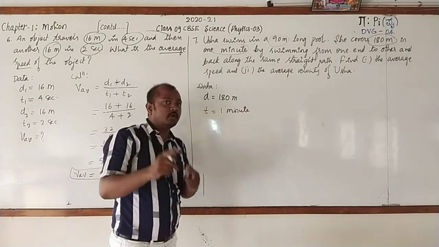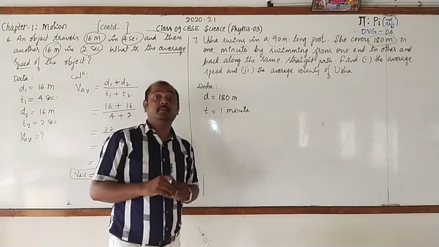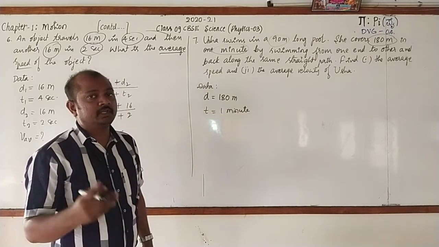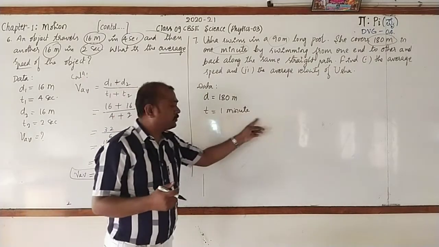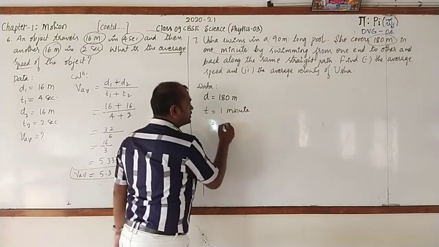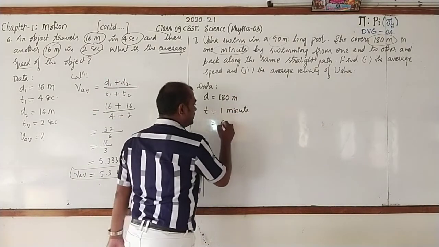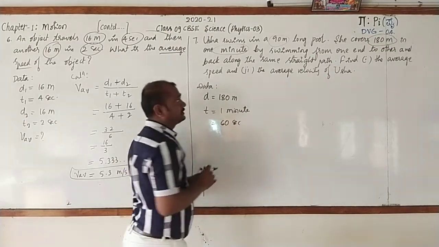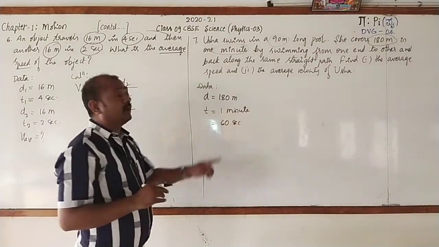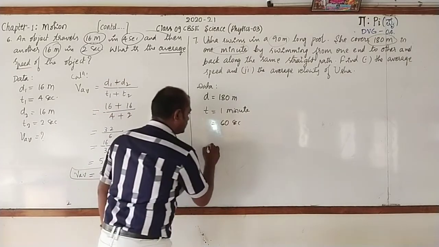If you say no, it is applicable to time. Then what is the SI unit of time? It is seconds. Then express 1 minute in seconds. How many seconds equal 1 minute? It is 60 seconds.